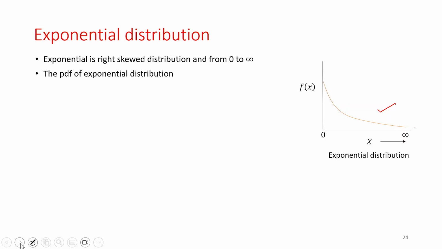The PDF of exponential distribution f(x) is alpha e to the power minus alpha x, where x is greater than 0, and it will be 0 elsewhere.